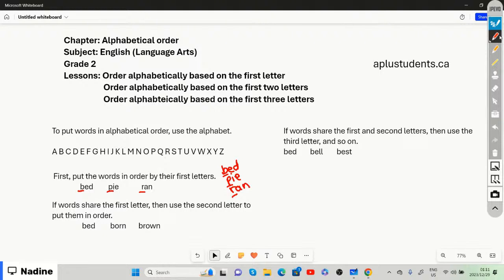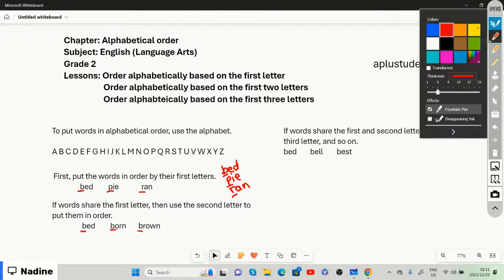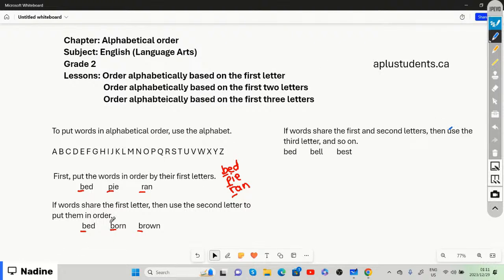So if you need to put certain words in order, but all of the words start, for example, with B, like for example, bed, born, or brown, right? Then we need to look at the second letter. For example, E, O, R.